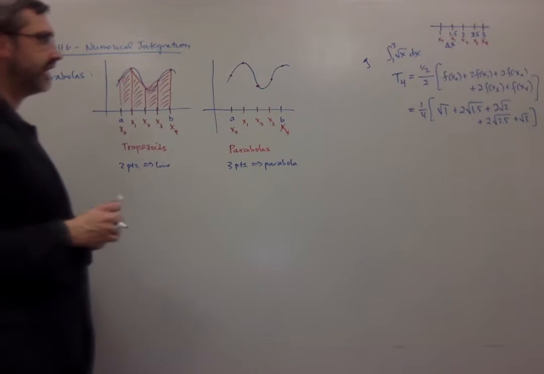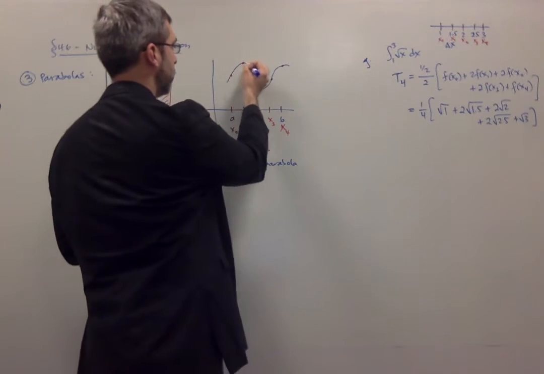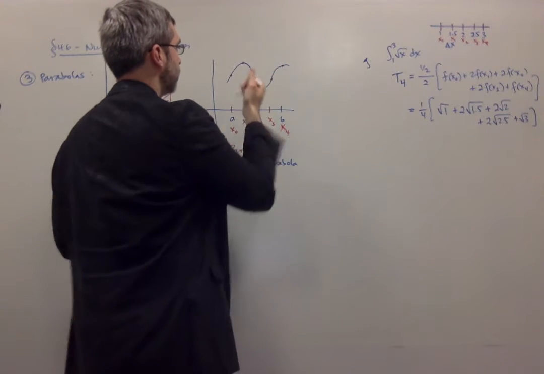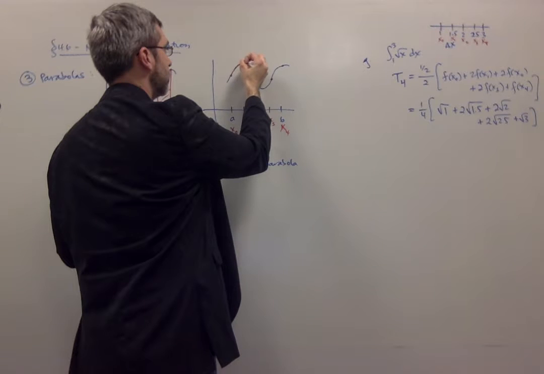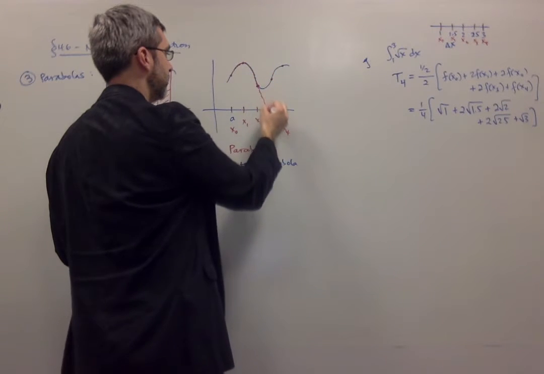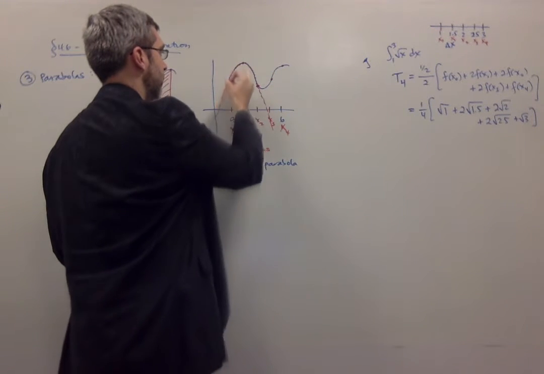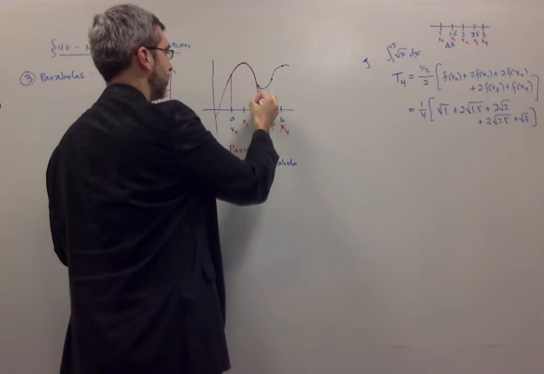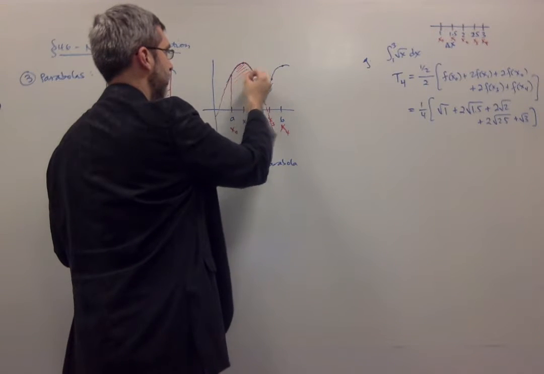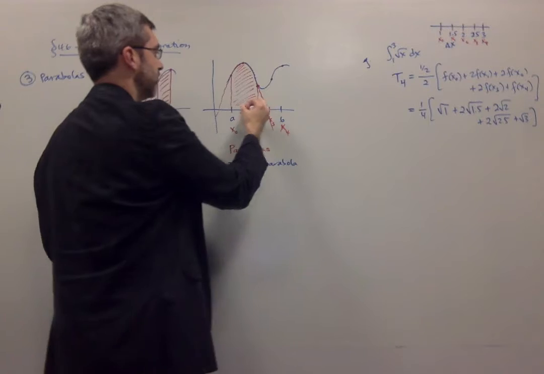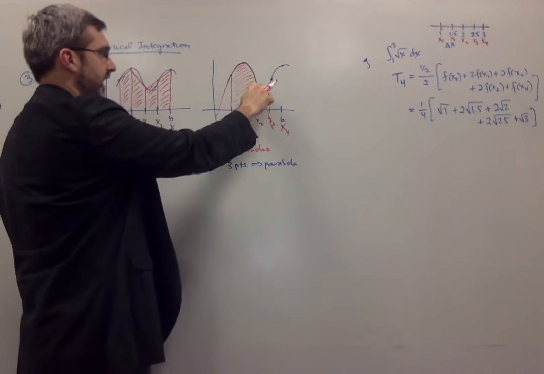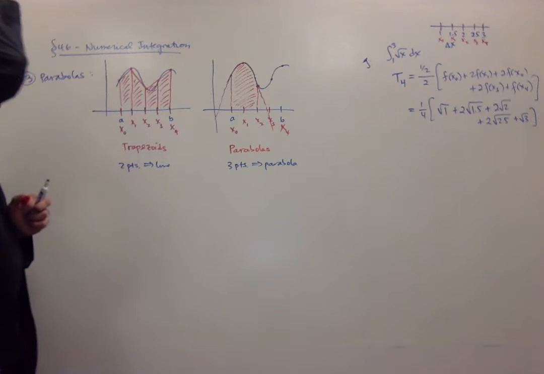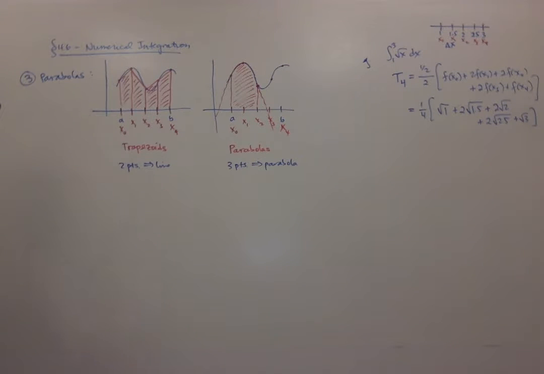So the idea is, if I take these first 3 points and I ask which parabola goes through those 3 points, and find the area under that parabola instead of finding the area under the function, you can see that I'm going to get a lot of the curvature that I got in the function. I'm now going to get that in this parabola.